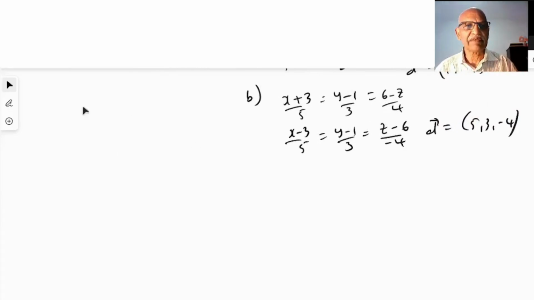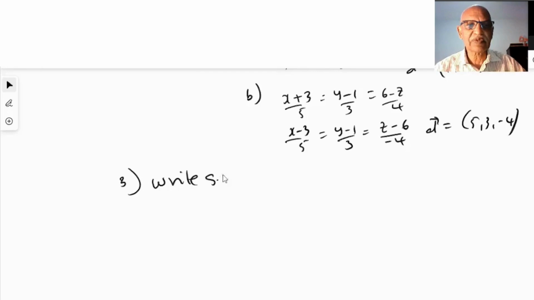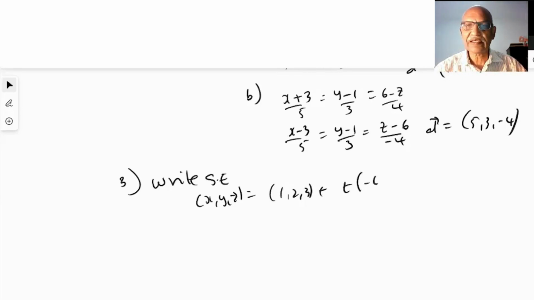Example 3. Write symmetric equations. I'm given (x, y, z) equal to (1, 2, 3) plus t times (negative 4, 5, 0).